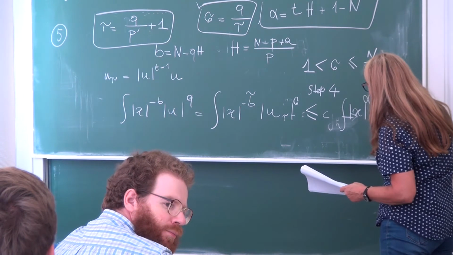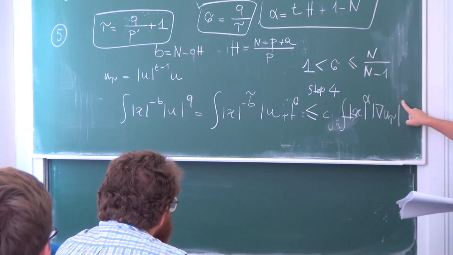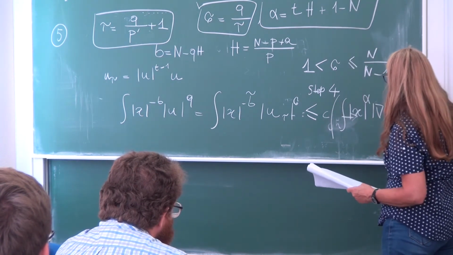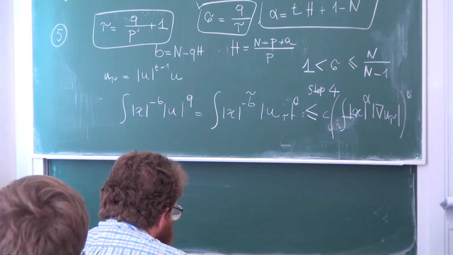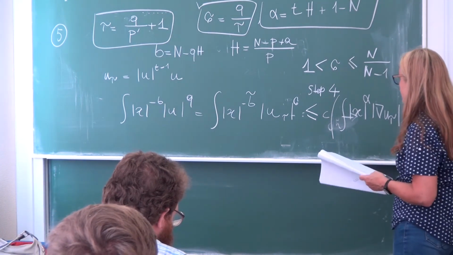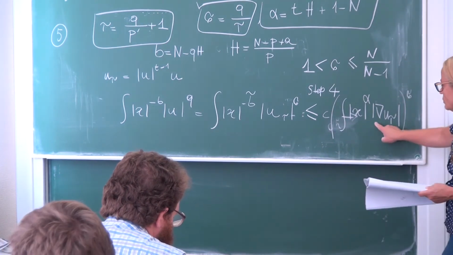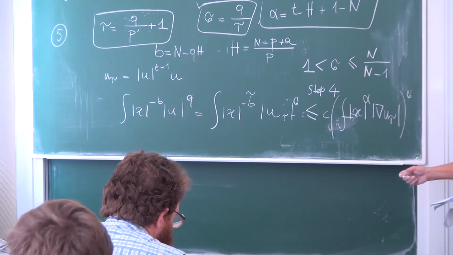Gradient of u tau to the power p equals 1, and then of course to the sigma. And you compute this gradient. Should I go on, if you want, or can I stop?